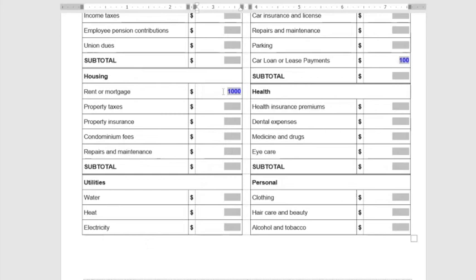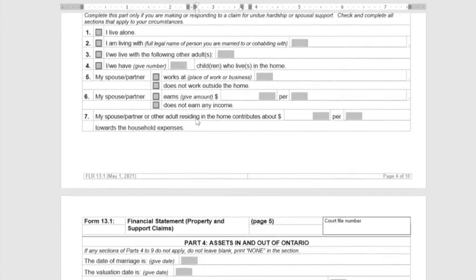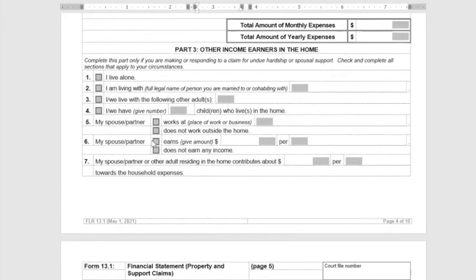The other way of doing it is to say, here's our total household budget, here's the $2,000. And then you can say here, my spouse or partner or other adults, number 7, contributes about a certain amount of money, or you could just change it to a percentage. 50% per month. Got it.